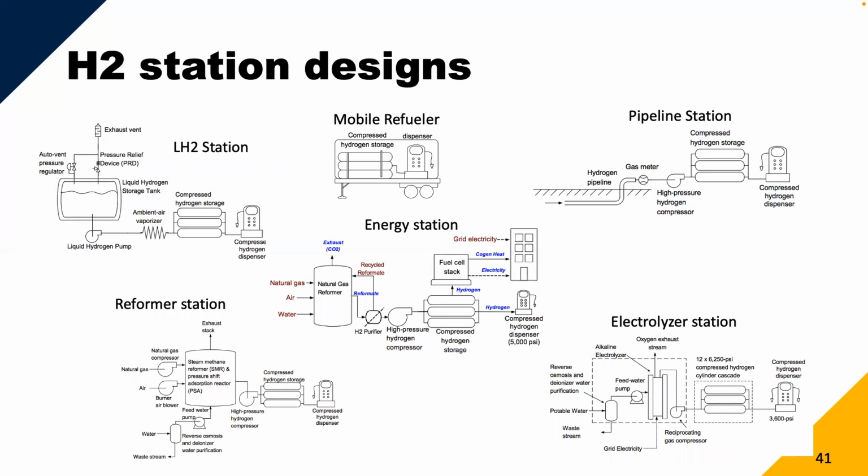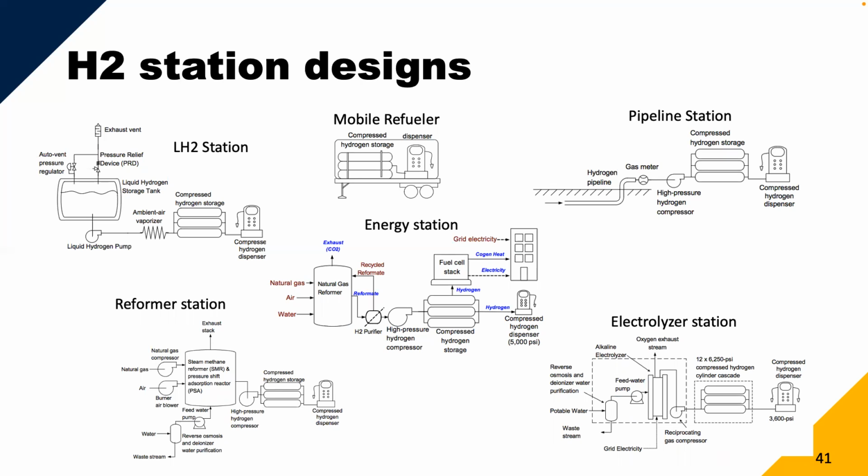So even if you are doing distributed, you could have a localized station that's doing electrolysis. So you have an electrolyzer that takes in water and electricity, produces hydrogen.